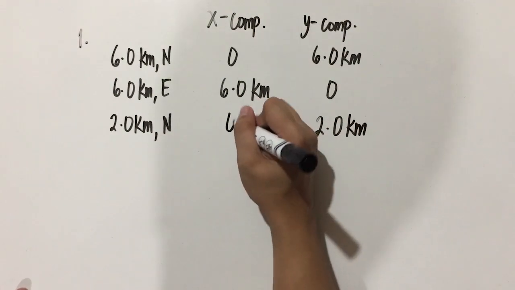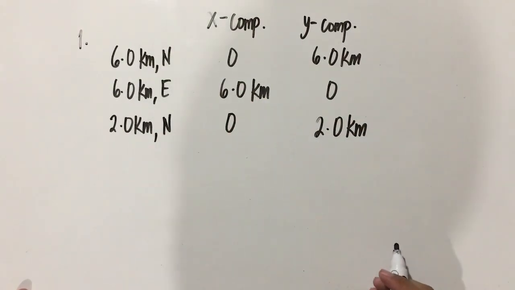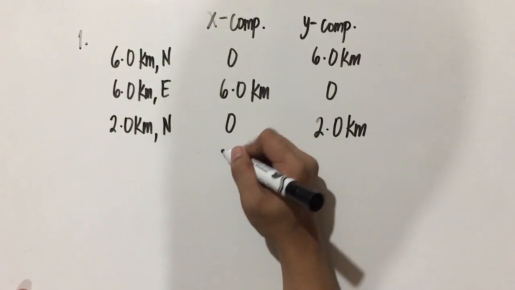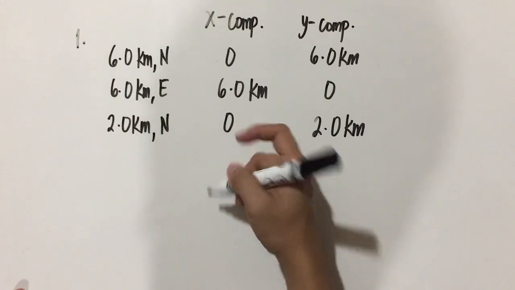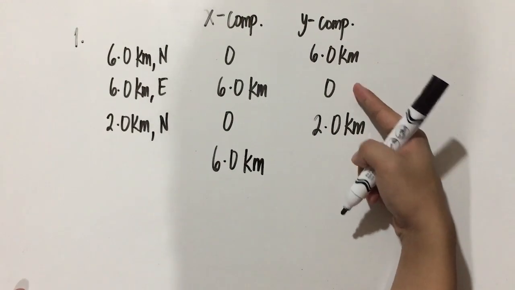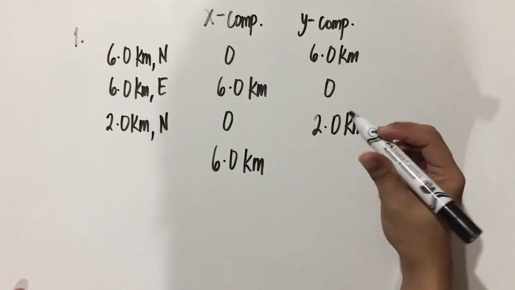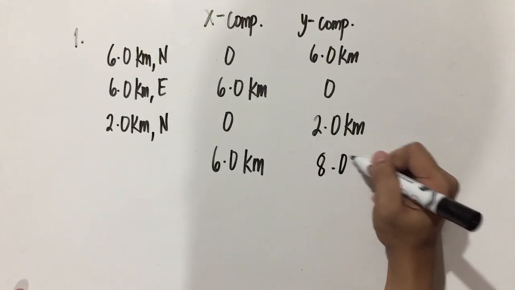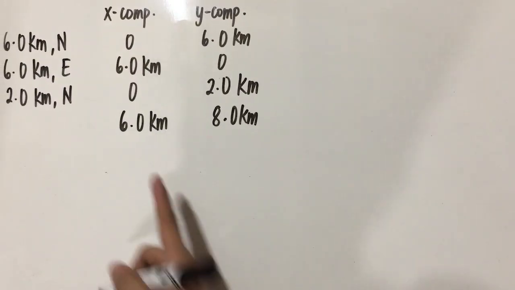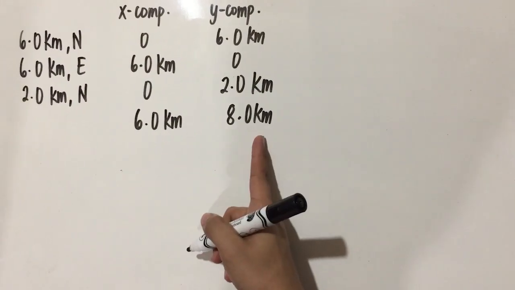So 0 for the x component. So we have to be mindful about that. And then let's add the values for the x component. So that is 6.0 kilometers. And for the y component, we have to do addition algebraically. So 8.0 kilometers.